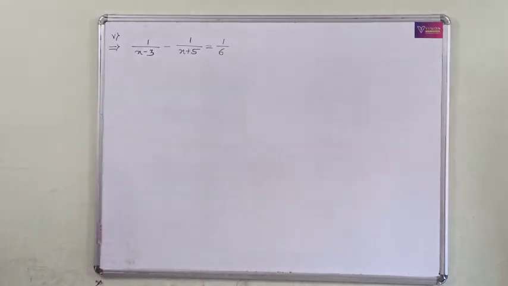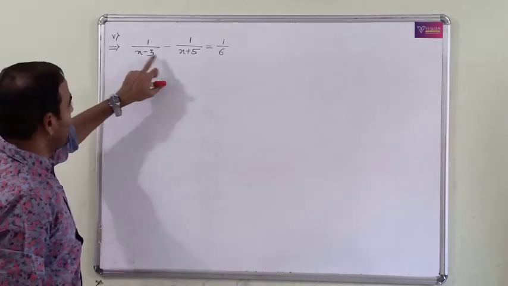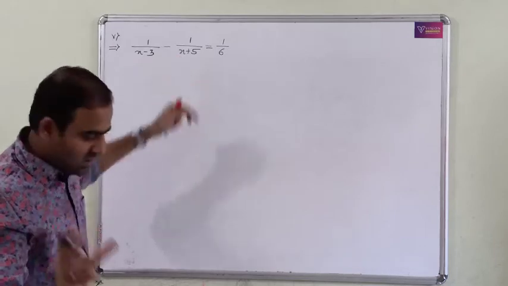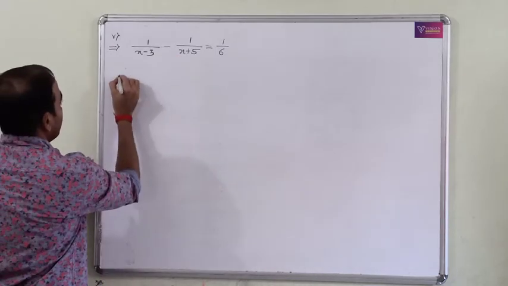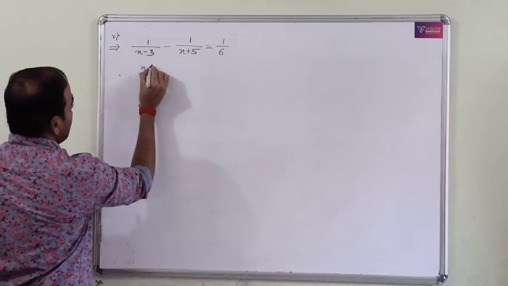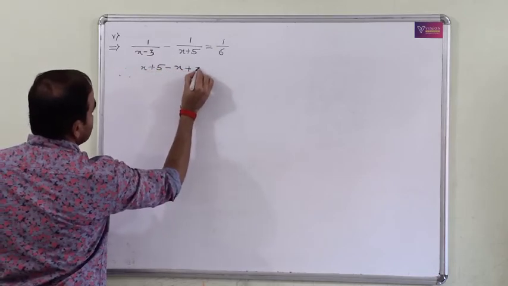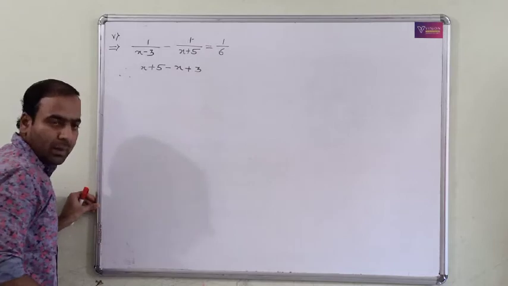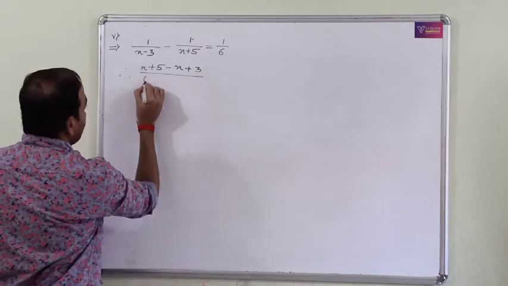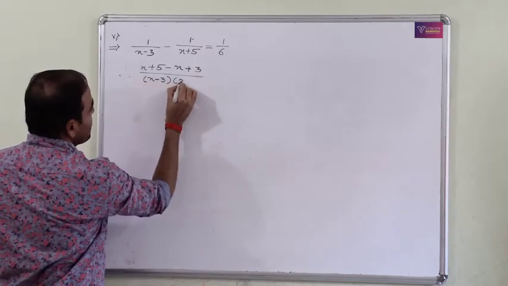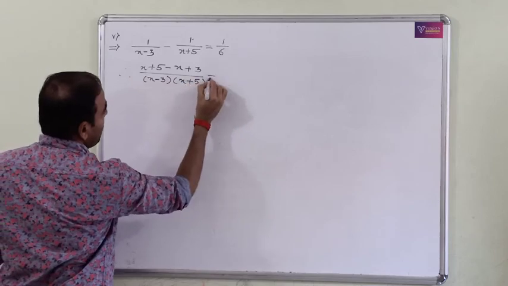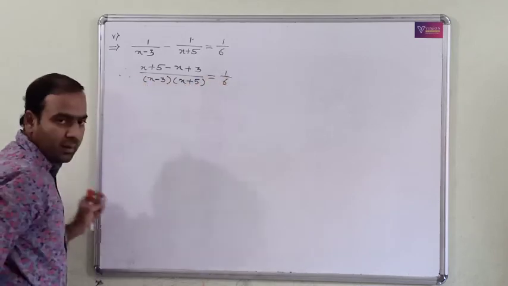Okay. So obviously x is not equal to 3 and x is not equal to minus 5. Okay. By taking the cross multiplication, x plus 5 minus x plus 3, because minus 1 से हम multiply करेंगे, upon first bracket x minus 3, second bracket x plus 5 is equal to 1 upon 6.